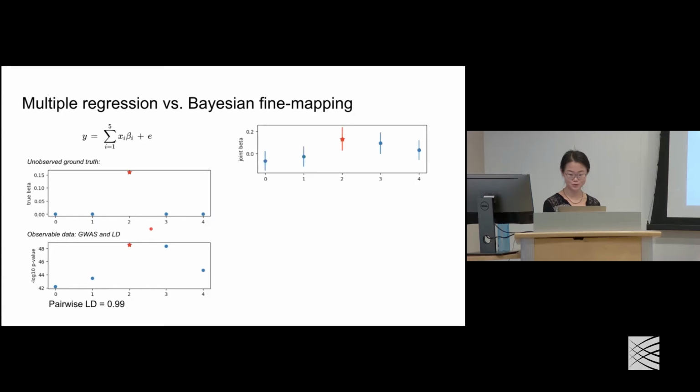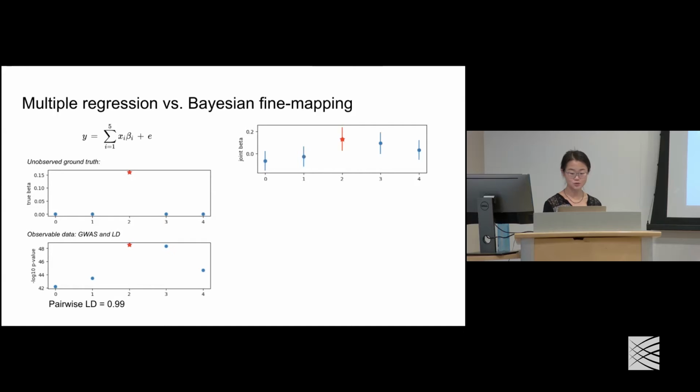What happens if we do a multiple regression, right? Okay, in fact, we do have some estimated effect sizes, but the multiple regression is so unstable that it has very big error bars, because the algorithm can sometimes overestimate one effect size for one variant, and then it'll compensate by underestimating another effect size for another variant, because they're basically interchangeable. The correlation is 0.99. So this results in pretty wide variation in the estimation of effect size.